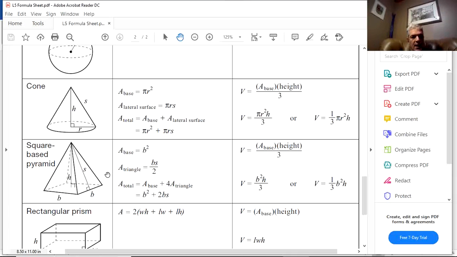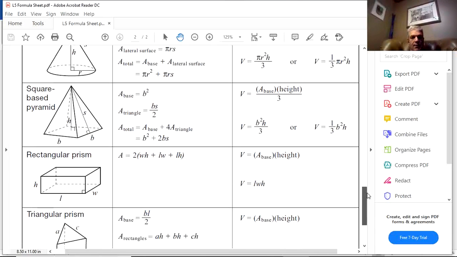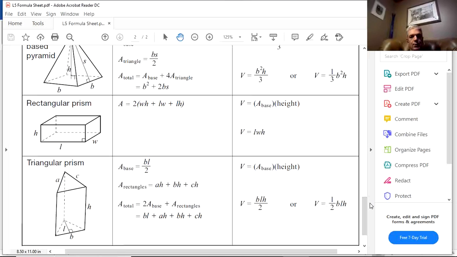So you have the area of each of the 4 triangles, and you have the area of the base, which is b squared. Okay, and then finally at the bottom here they have the last couple of prisms, a rectangular prism. There's the area we just looked at, as well as the volume and surface area here.